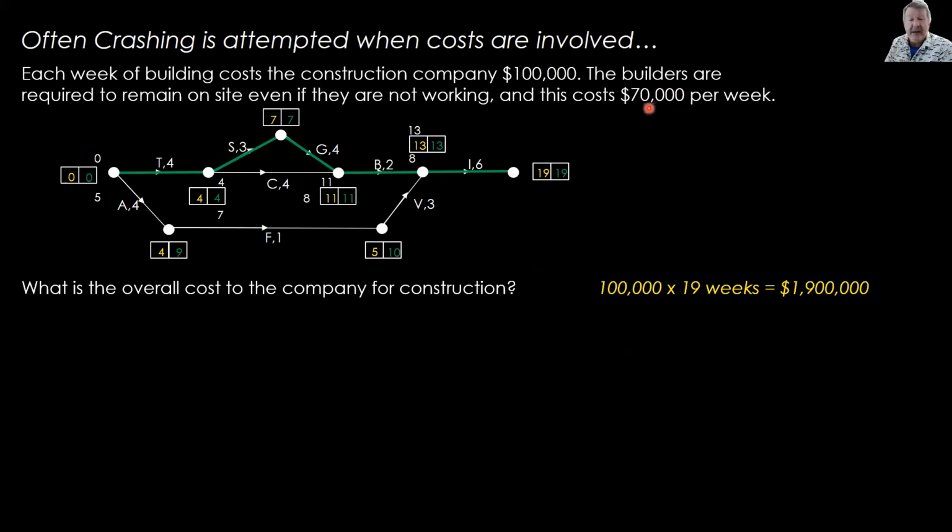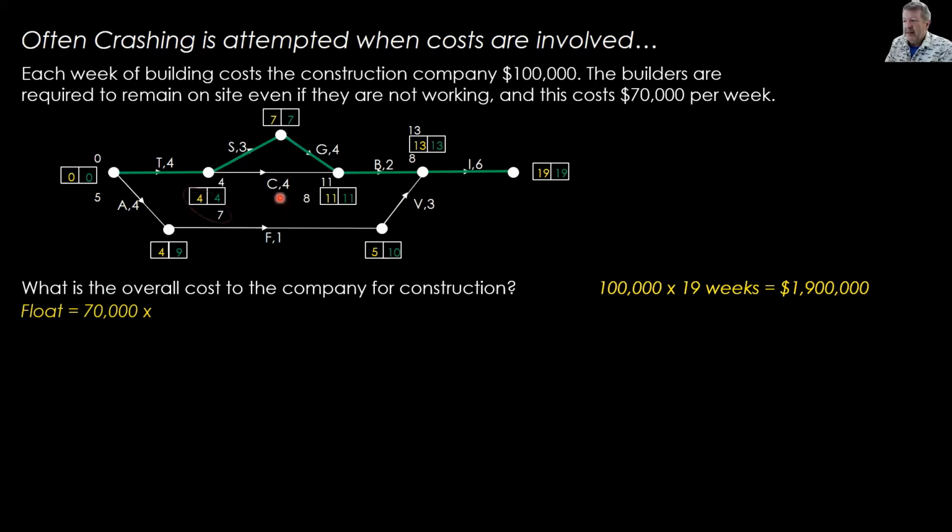You've got $70,000 a week going to pay the builders who are sitting around doing nothing while they're waiting for other jobs, these jobs and this job to finish. Okay, that's float time, $70,000. So we have to work out the float time for every activity that's got float, got some slack.